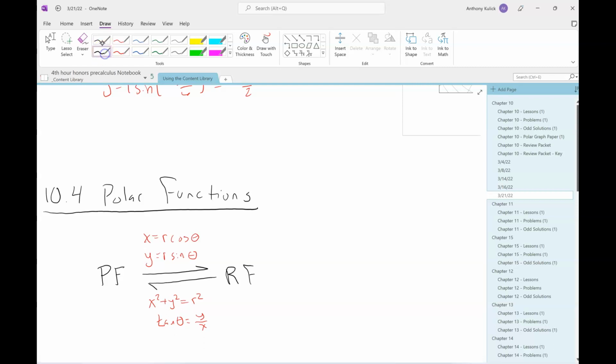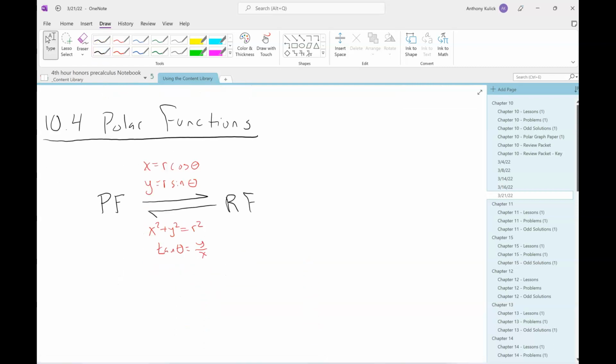So those are the main tools to go from polar to rectangular: x is equal to r cosine theta and y is equal to r sine theta. And then to go back from rectangular to polar, we know that x squared plus y squared is equal to r squared, and tan theta is equal to y over x.